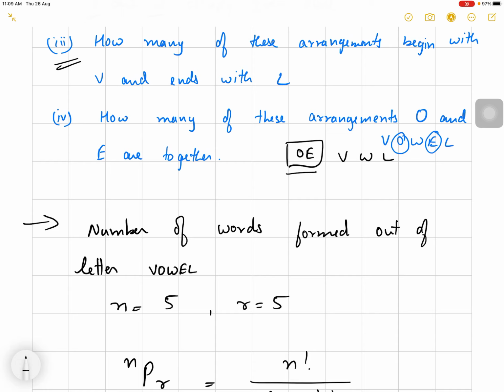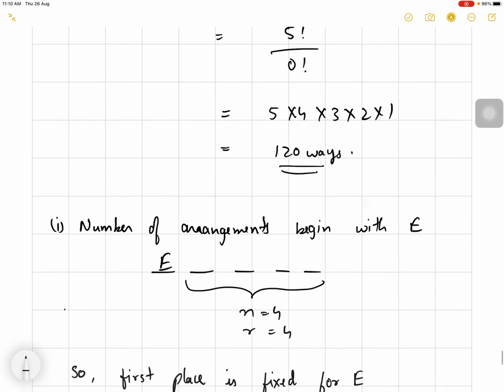So now there are 4 letters because OE is considered as 1, 4 letters and 4 places.